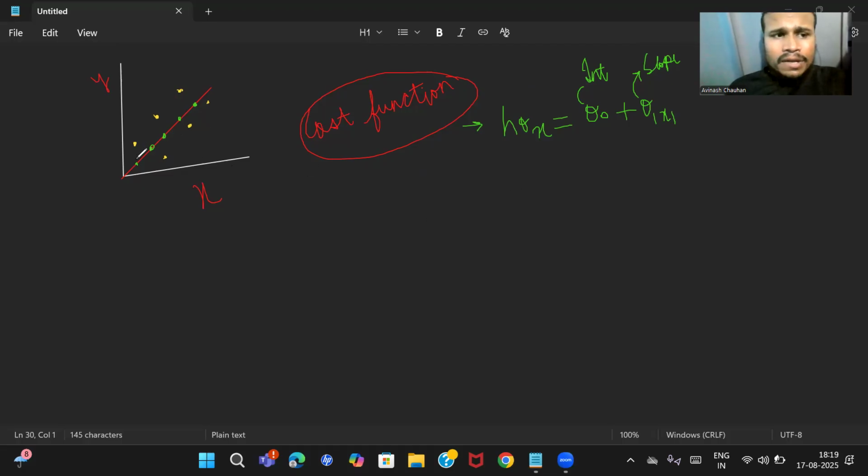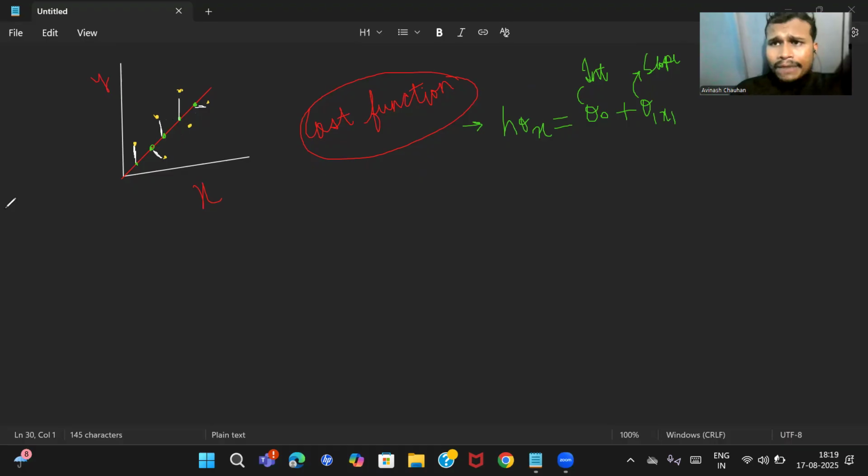Now, if we calculate the errors, what is basically an error? The distance between these two points. The smaller the distance, the more accurate our result will be, and the more efficient our model will be.